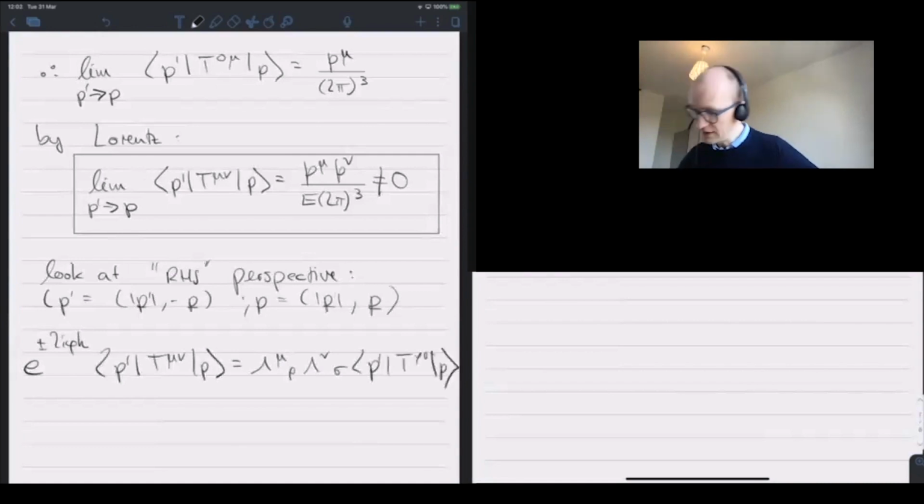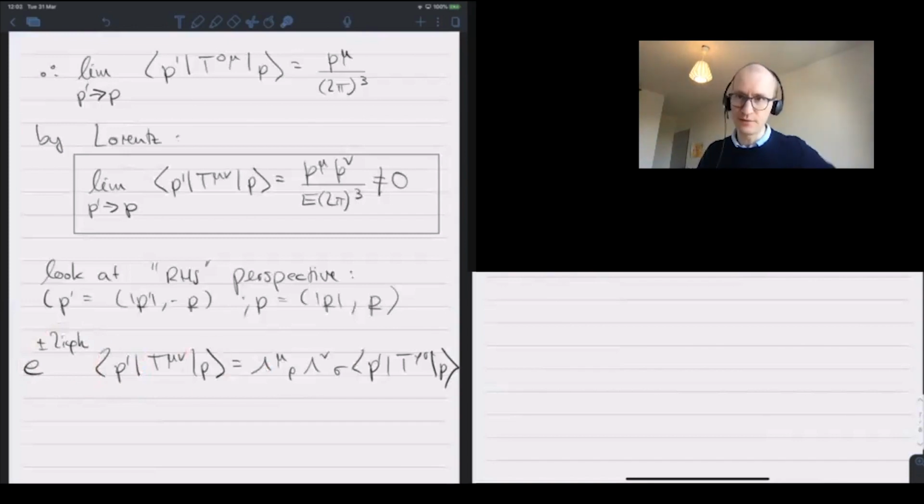The reason, of course, is just the extra Lorentz index. So this is exactly the same equation as before, but you have the tensor product of the lambda factors. But on the left-hand side, nothing has changed, because I still just have p primed and its Lorentz transformation, and p and its Lorentz transformation.